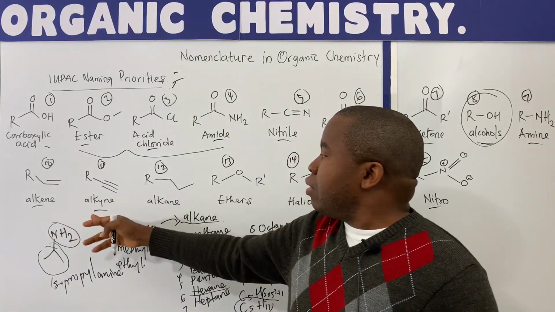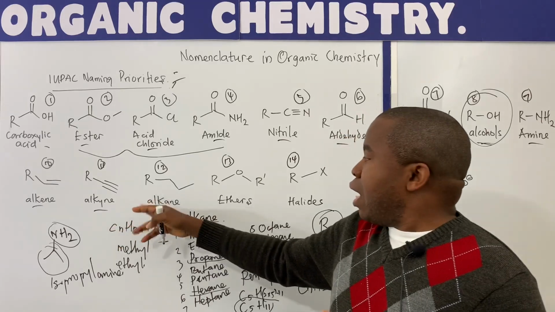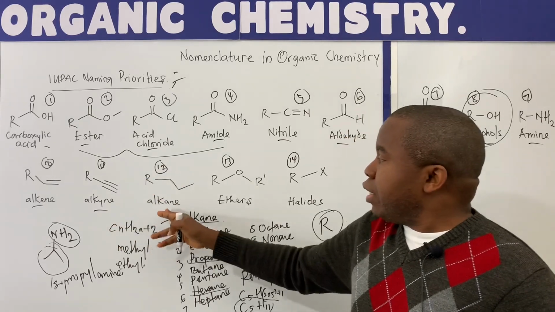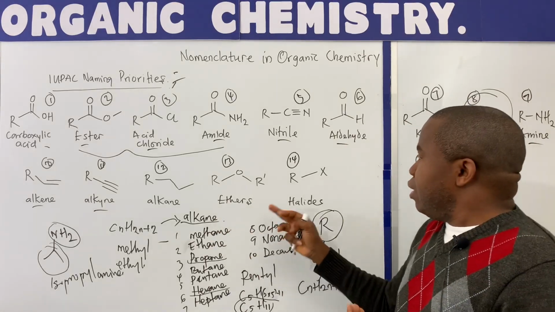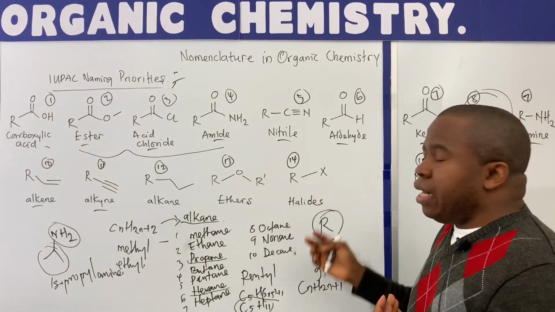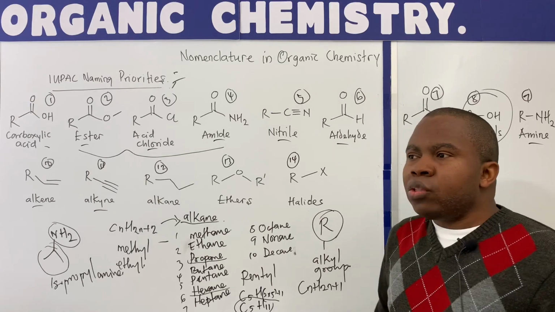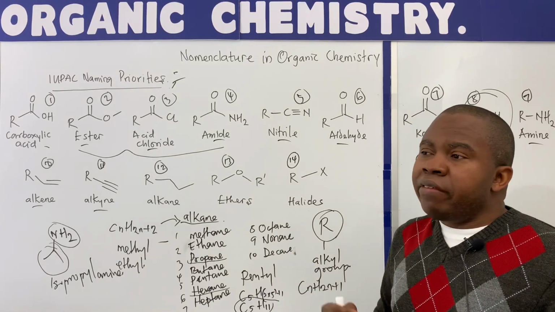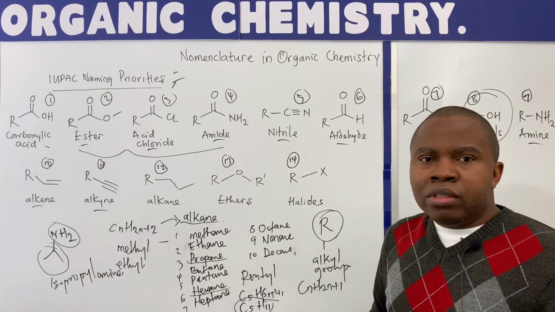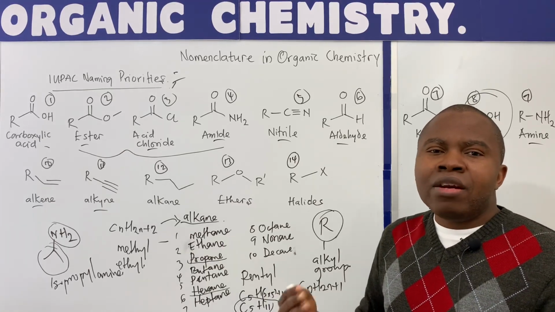Alkene has higher priority than alkyne, and this has higher priority than alkane, and alkane has higher priority than ethers, and ethers have higher priority than halides. And that is why, in most cases, when you have halogens in organic molecules, you often see them as halo-whatever.